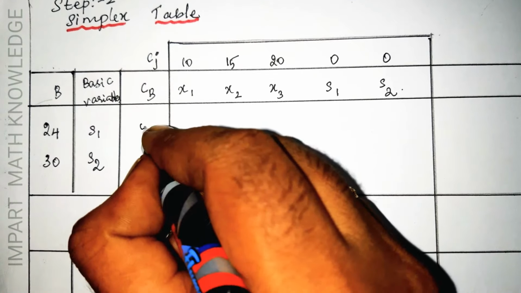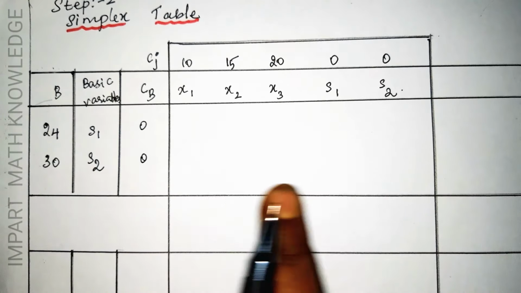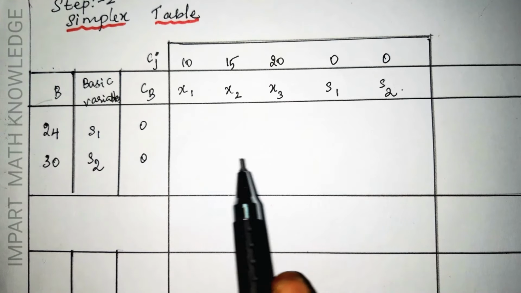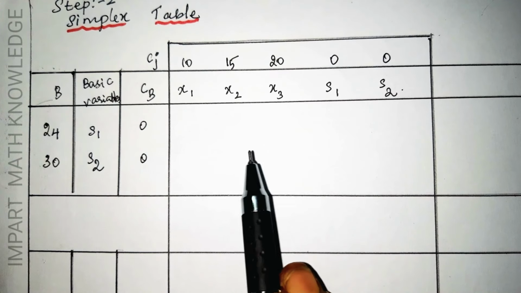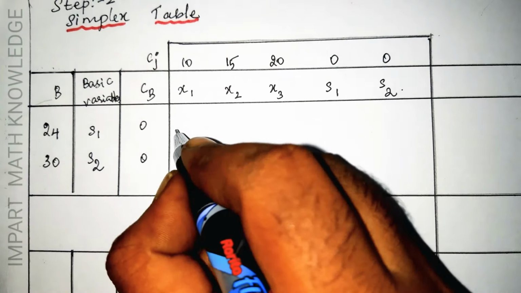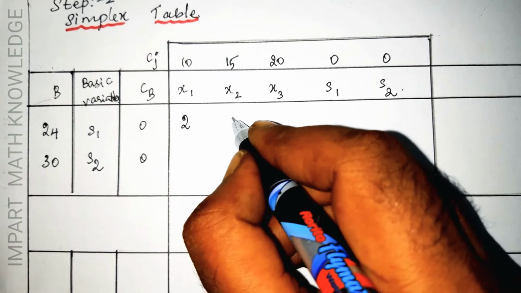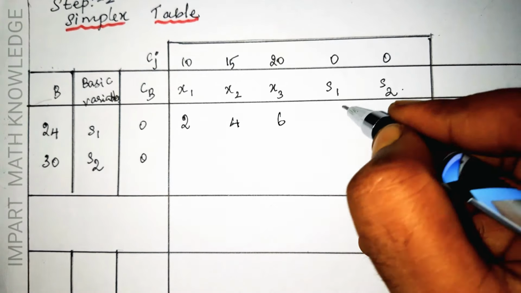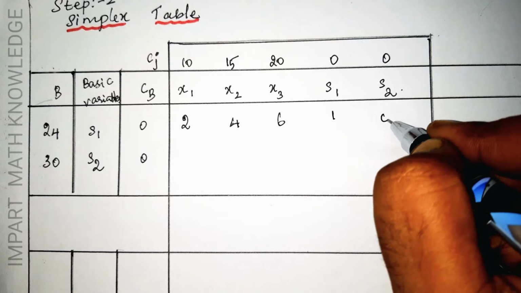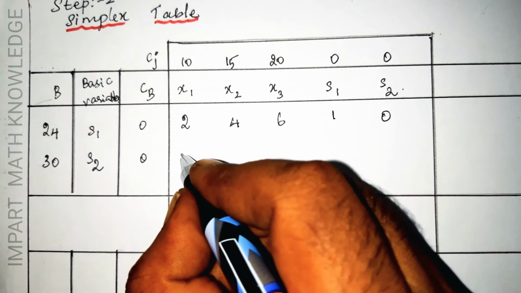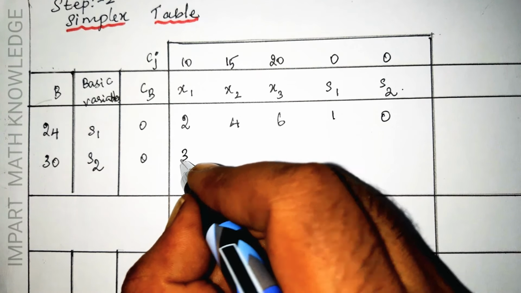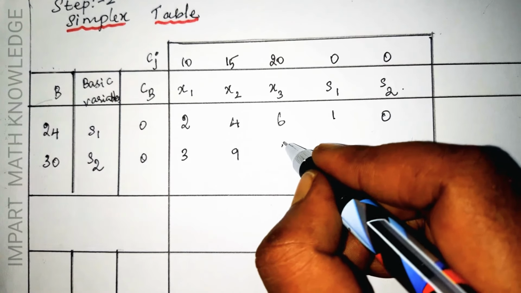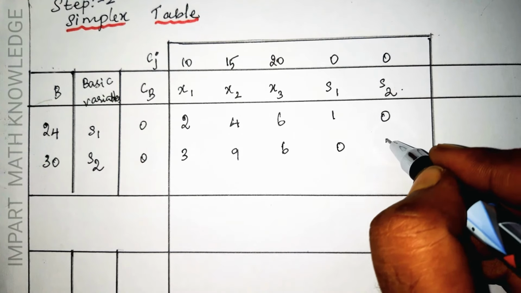You have to write it here. Now we have to write the coefficient of the given conditions. From the first condition, the coefficients are 2, 4, 6, 1, 0. From the second condition, the coefficients are 3, 9, 6, 0, 1.